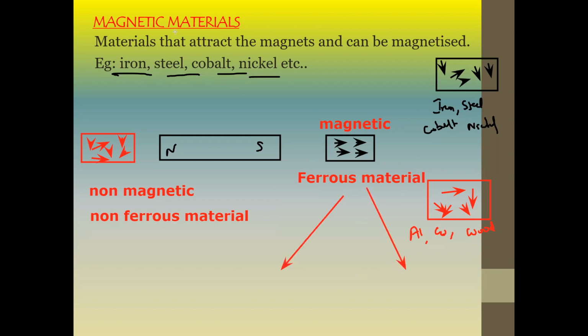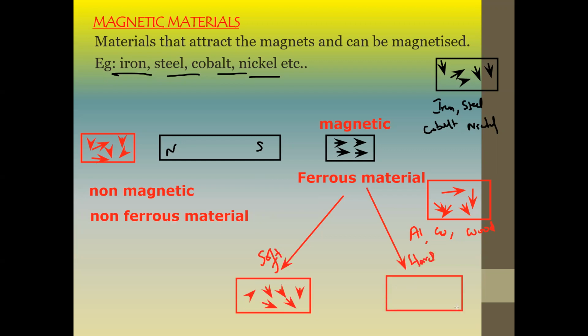One is called soft. The softness is not in terms of the texture, the softness or hardness is in terms of the behavior. For example, when we say a soft magnetic material, it means when we remove them out of the magnetic field, the domains again turn into random.